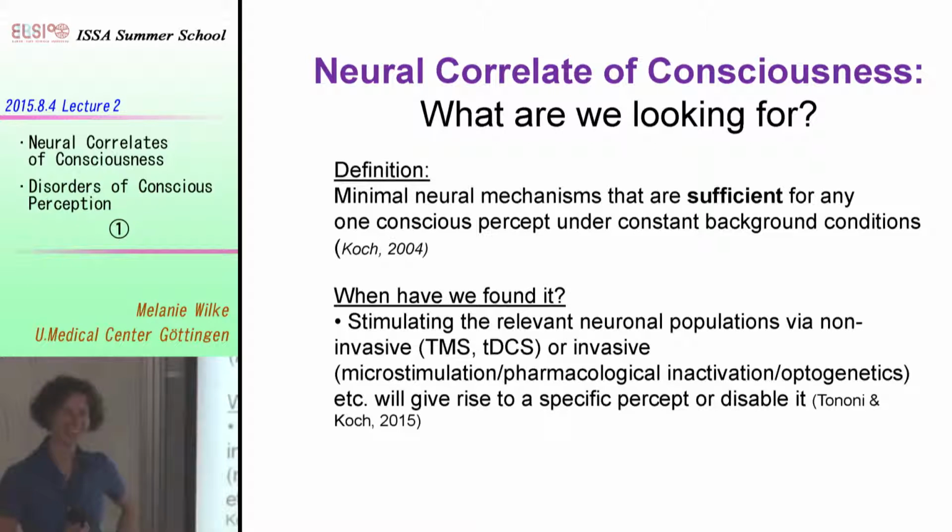I think we both realized that this is the mantra of the neuronal correlate of consciousness. You would always bring this as a definition. And then the moment you sit down and try to convert it to some sort of experiment that would make sense in the end, you realize, so what, is this actually a good definition? Is that really what we are searching for? It's more an open question that I would really like to discuss.